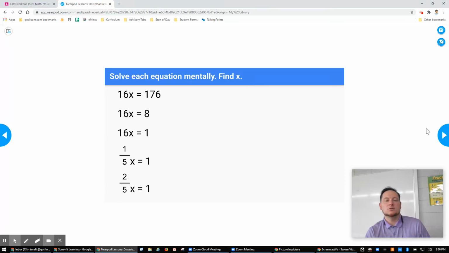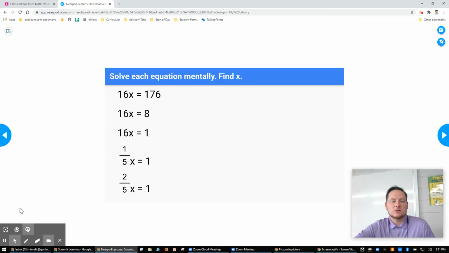And if you think back to what that warm-up was, that 5m, what does that mean? It means multiplication there. So 16 times what equals 176? You may know the answer, but more importantly, you want to see how did you get that answer? How did you justify what that answer was? So take a moment, pause the video, and then pick up here in just a moment after you work through each one of those and see if you can solve those mentally real quick and see if you can notice a pattern.